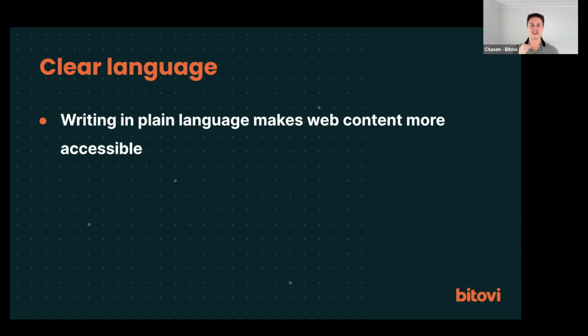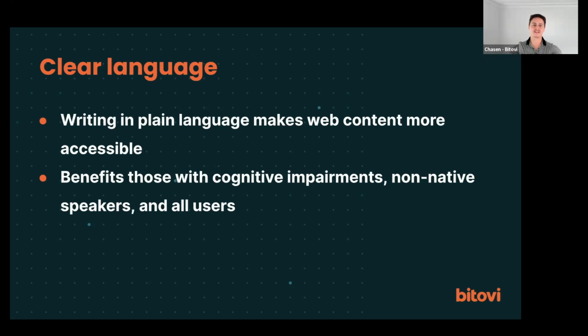So writing in as plain language as possible can increase your engagement, it can increase your SEO, it can make things easier to navigate, and it benefits everyone, right? It benefits folks with cognitive impairments, it benefits folks who are non-native speakers, really, it benefits everyone to write clearly.